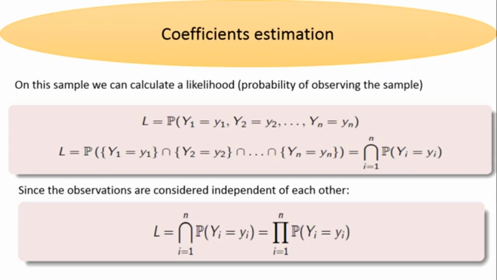Using independence, we can write our likelihood as a product of every probability.